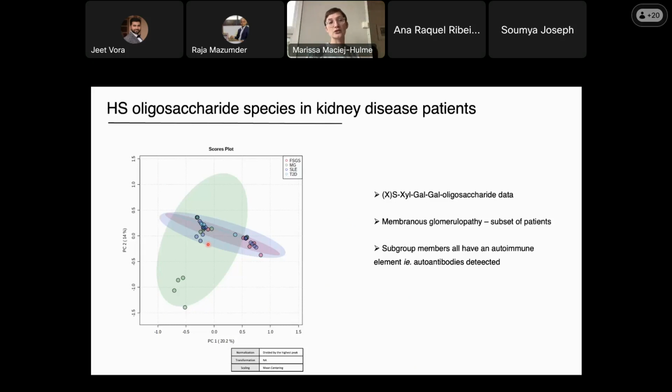So the fact that they're clustering is quite promising that some of these HS changes may be important for kidney diseases specifically. But what was super interesting was this subset that separated out in the MG group. And the 4 patients that separated out all have an autoimmune element. So they have autoantibodies that have been confirmed and detected within the sample.